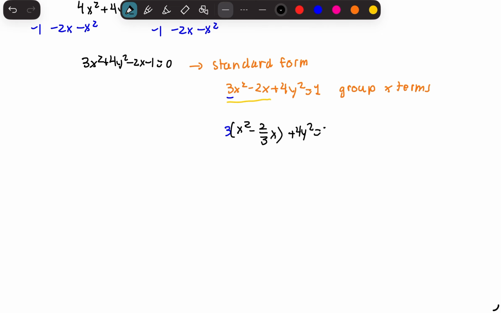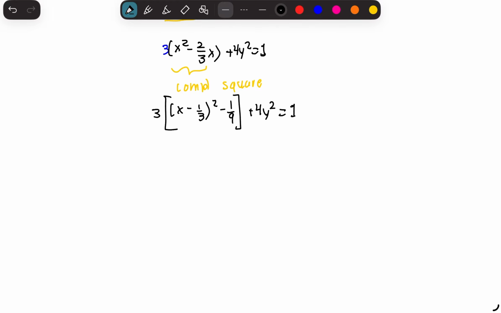Or no, it's just in here actually. So you're going to end up with 3 times x minus 1 over 3 squared minus 1 over 3 plus 4y squared is equal to 1.